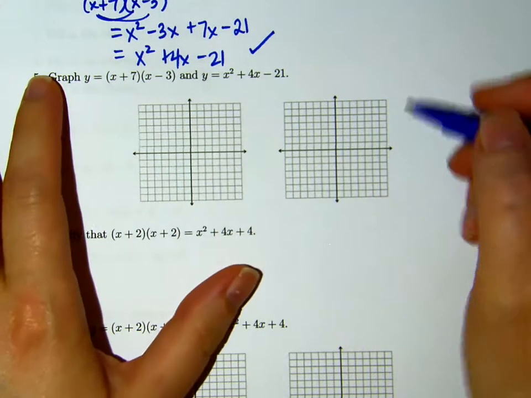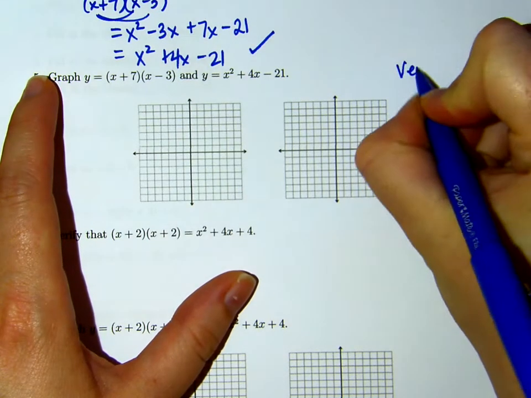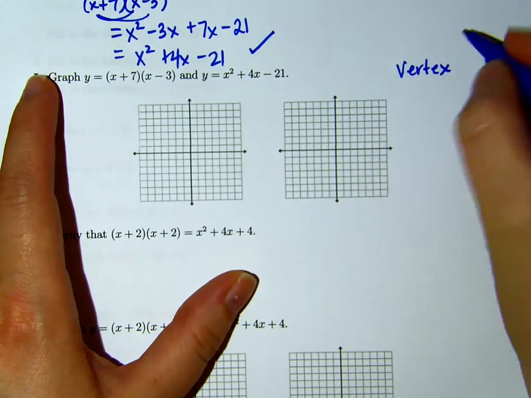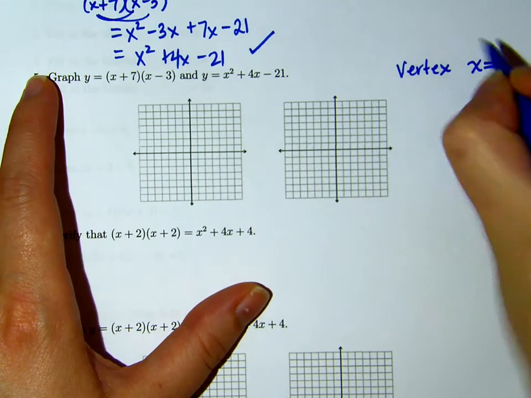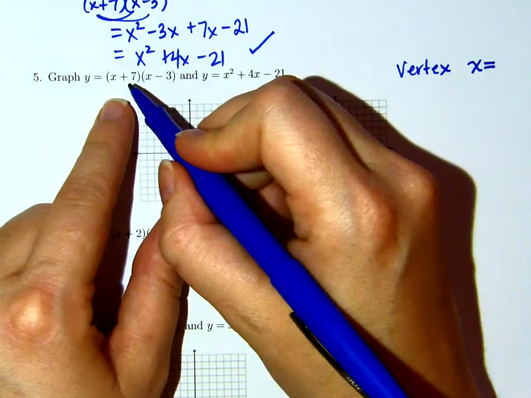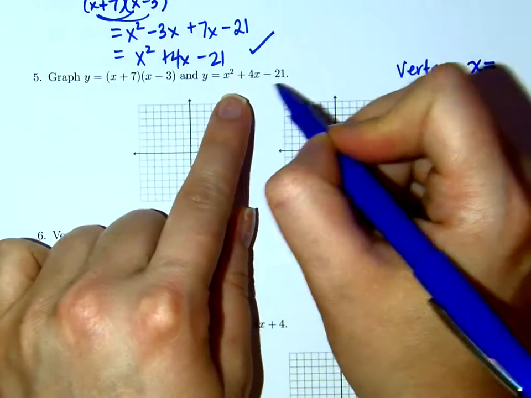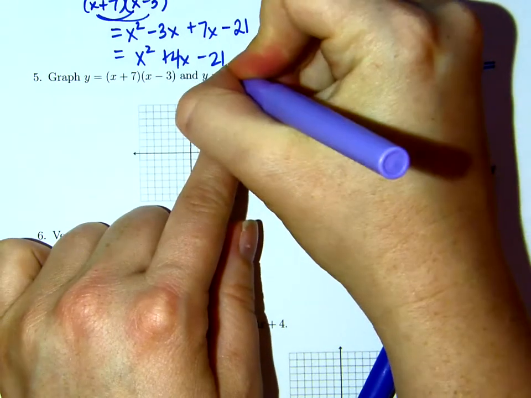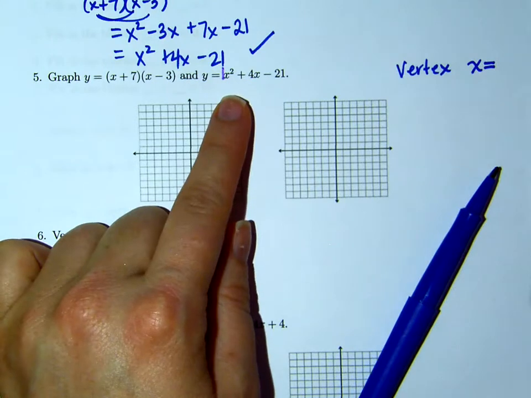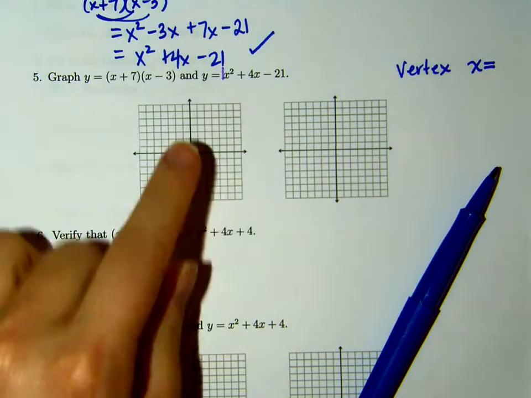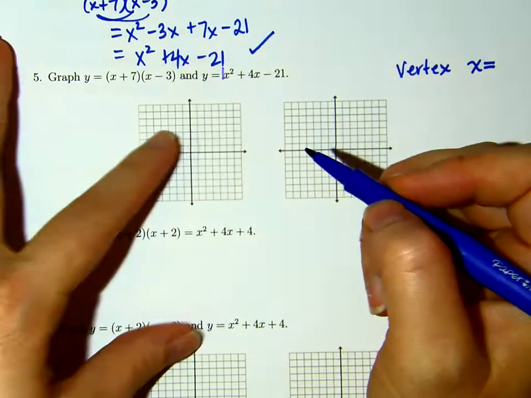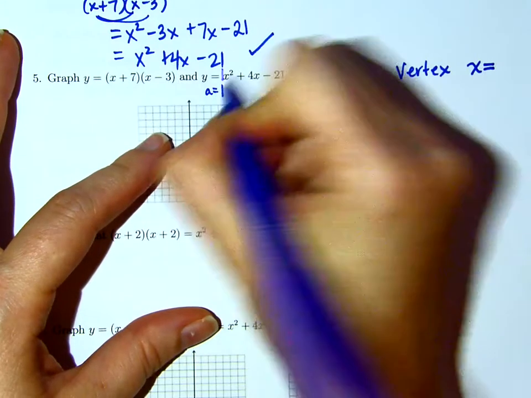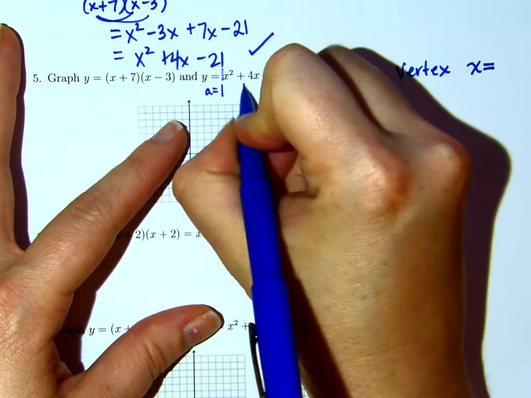Okay, again, I'm going to start with the vertex. The vertex has x equals, I look at this, I don't see a, b, c. I look at this, I see a, b, c. Sadly though, the a is a silent 1, because when they only write an x squared, they really imply that there is 1 x squared.